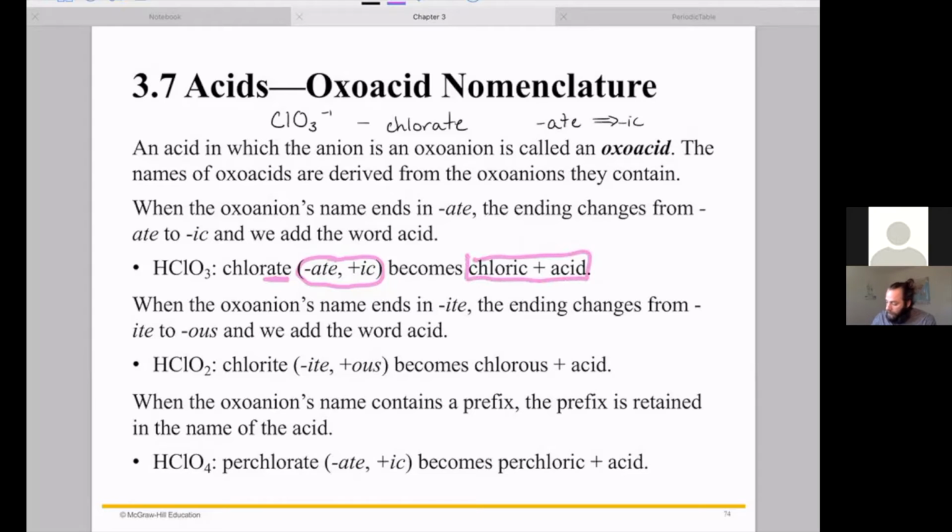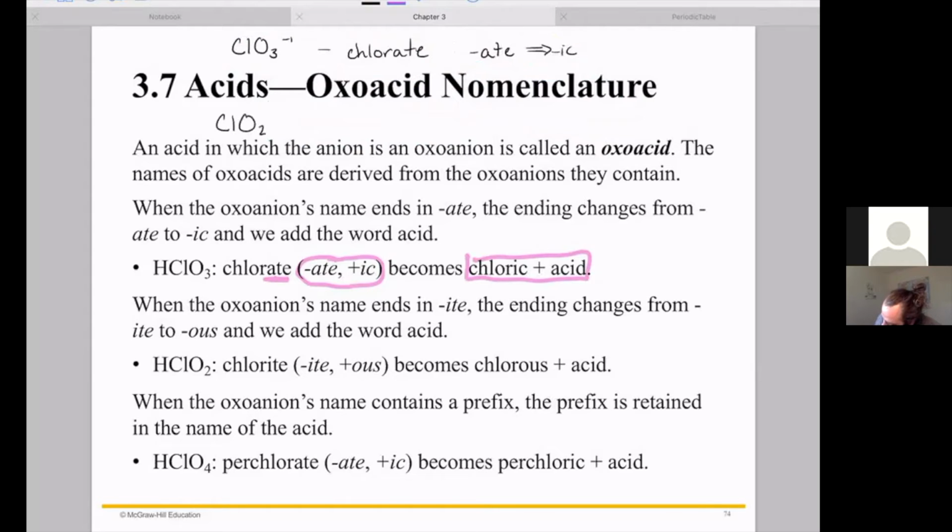Remember, we had our polyatomic ions ending in ate, but we also learned the rule. If I gave you this and said this is chlorate, and ate goes to ic, what if I gave you ClO2 minus? Remember what happens when we decrease the oxygen but everything else stays the same. This would be the chlorite ion.